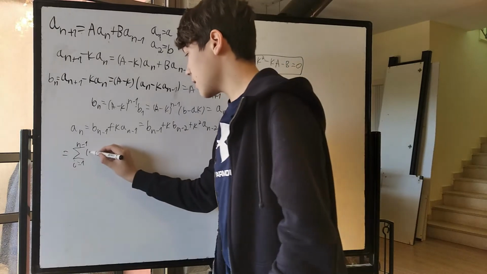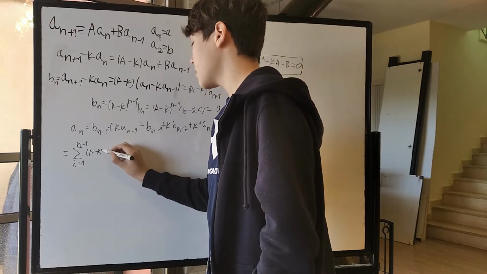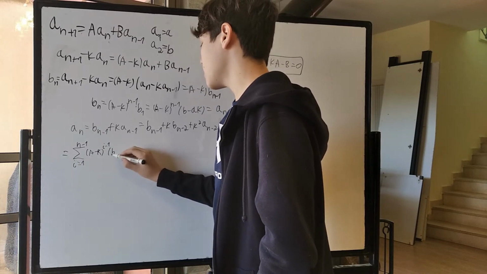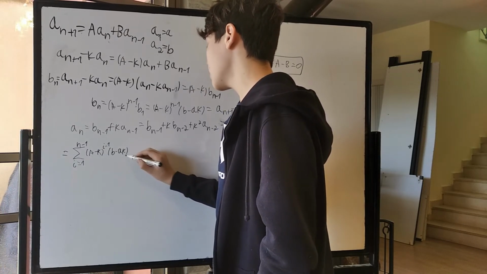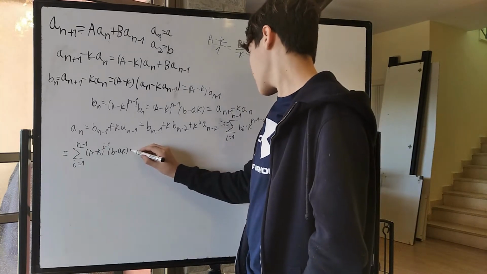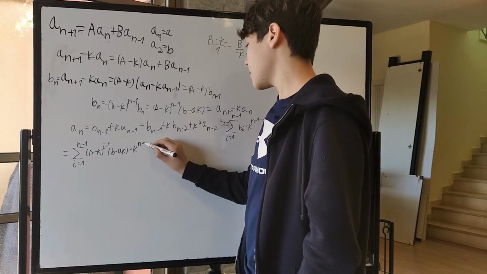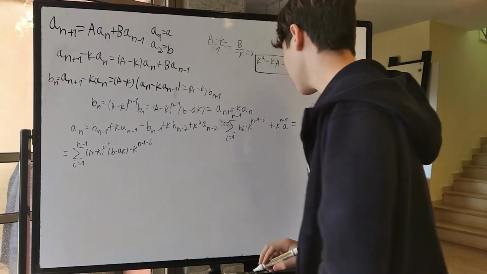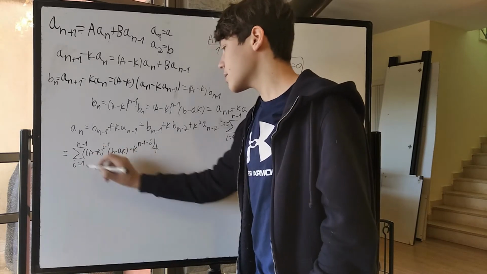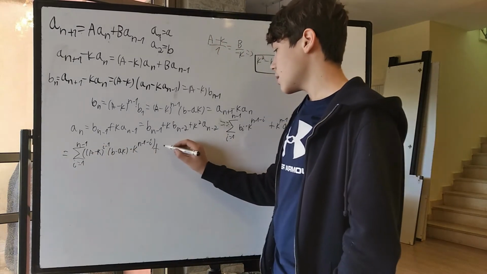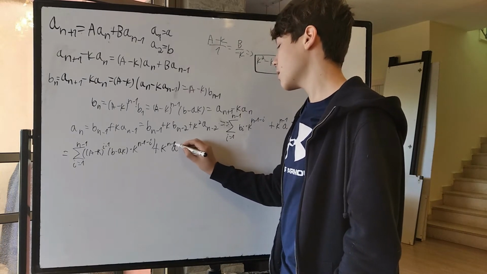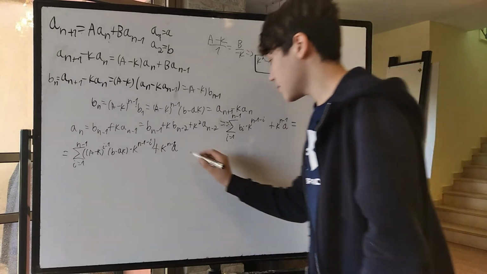a minus k to the i minus 1 times b minus ak times k to the n minus 1 minus i. All of this put in brackets so we don't confuse, plus k to the n minus 1 a. Alright.